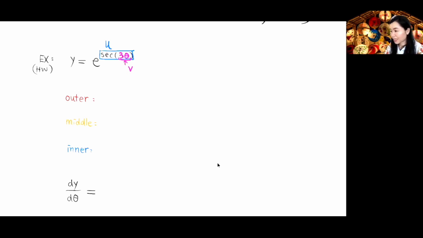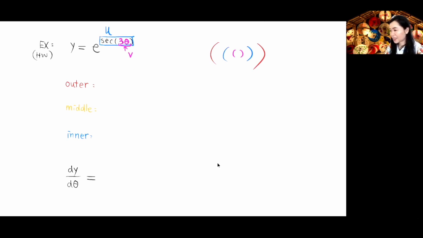So this one here is actually a composite function, with the innermost function being 3 theta, the middle function being the secant of v, and then the outermost function being e to the u. So this is a 3-layer onion.